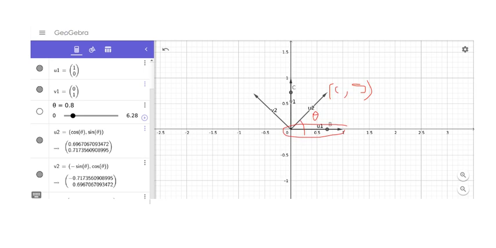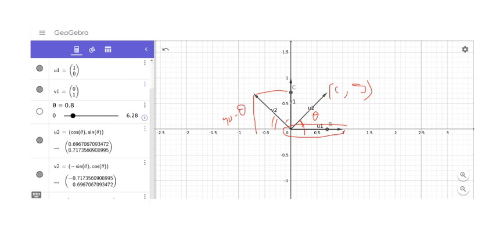This is angle theta, here angle theta, so this is also angle theta. So this part will be 90 minus theta, this angle.